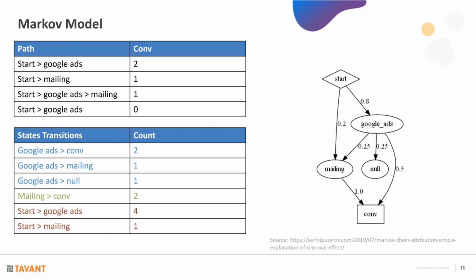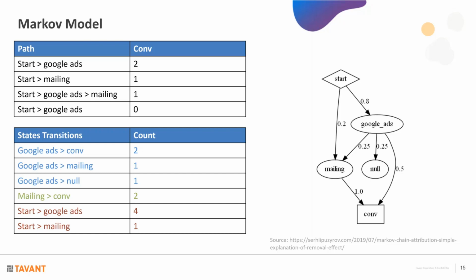The other is starting from the starting point, moving to Google Ads, receiving a mail campaign email, which leads to 1 conversion. And in some cases, the journey goes from start to Google Ads without any conversion. So supposing these were the only 4 that we're talking about, there will obviously be millions of such entries, but we are just taking these 4 for an example.